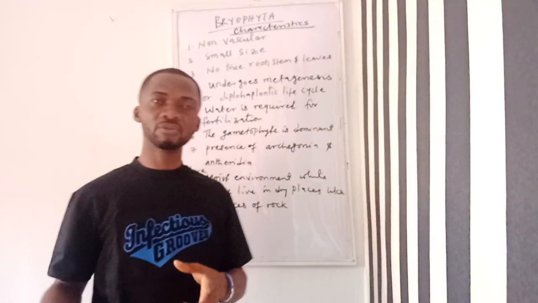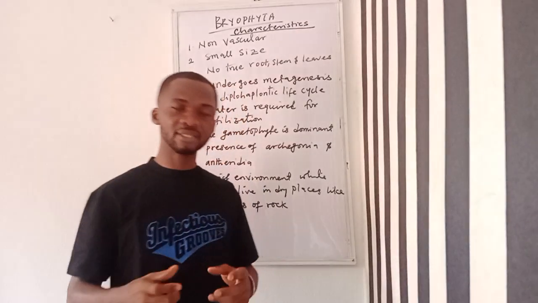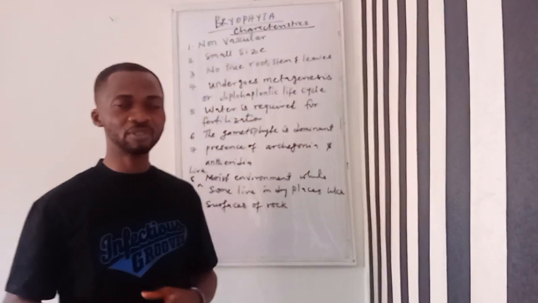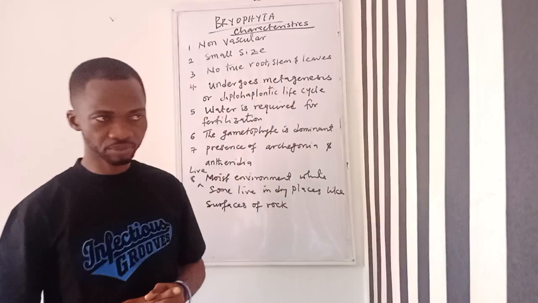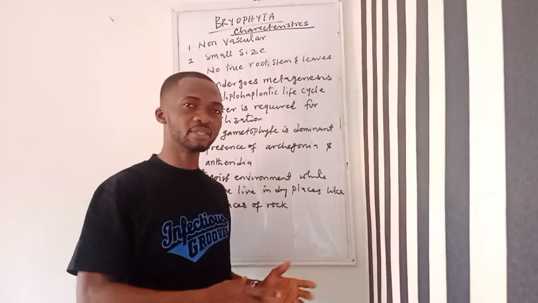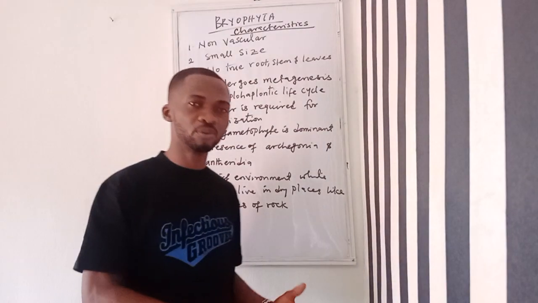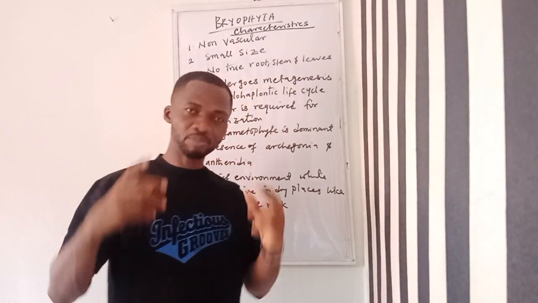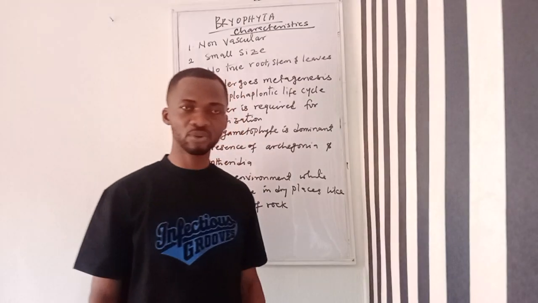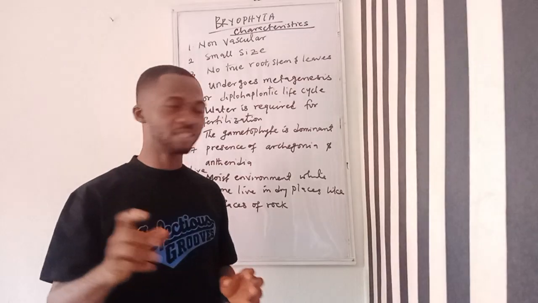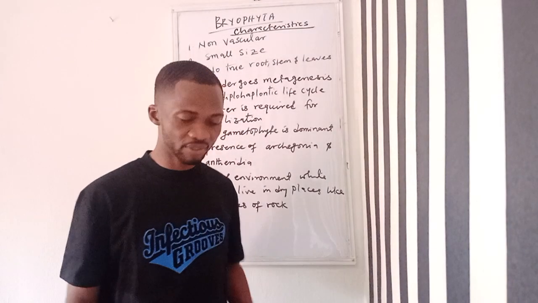While some schools of thought are of the view that Bryophyta originated from Pteridophyta before they followed a separate line of evolution, some scientists, and I think this one is most popular, are of the view that Bryophyta originated from an algal stock, an algae stock that is called Eulothricales.